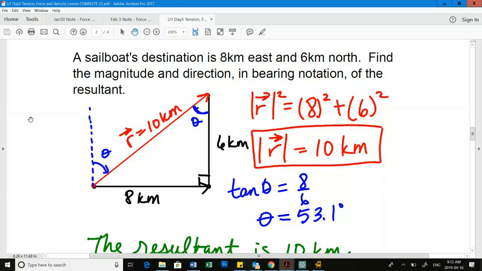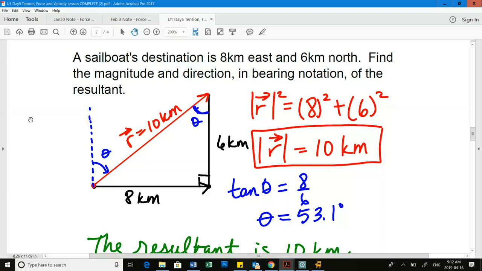We talked about how you have to go clockwise from the north line when we're working with true bearing. So I actually found this angle up here by doing the tan inverse of 8 over 6. And I found this angle to be 53, which means that the one between the dotted blue line and the red vector here is also 53.1.